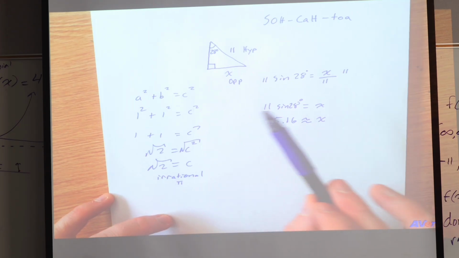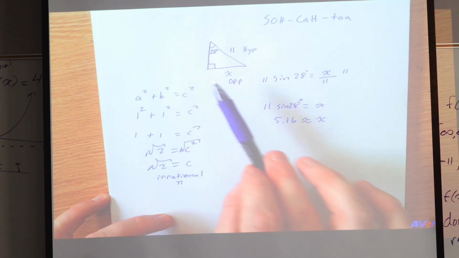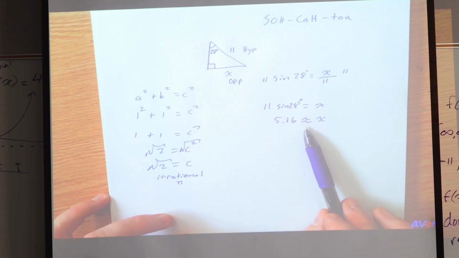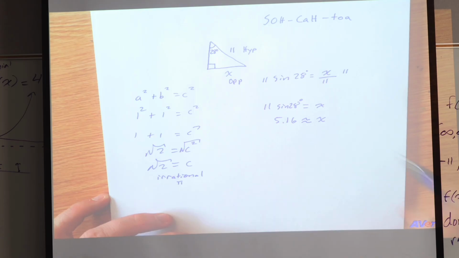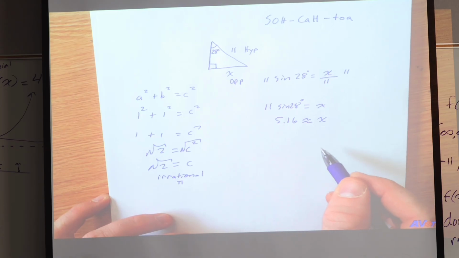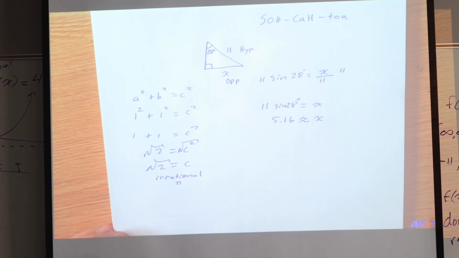Not all the time, but a lot of the times we do, so we have to say that we have rounded. If we have a perfect case like a 3, 4, 5 triangle or multiple of, when we solve it down, we'll get the exact answer. And if we have the exact answer, then we will still use the x equals whatever that answer is, but keep that in mind.